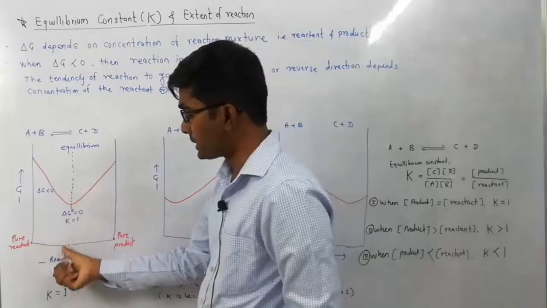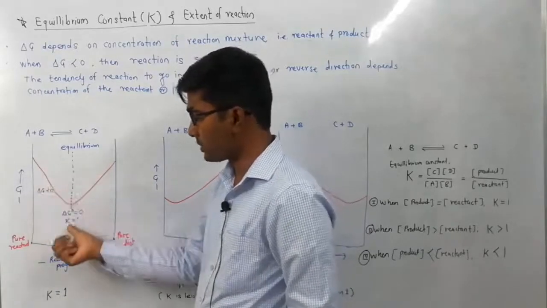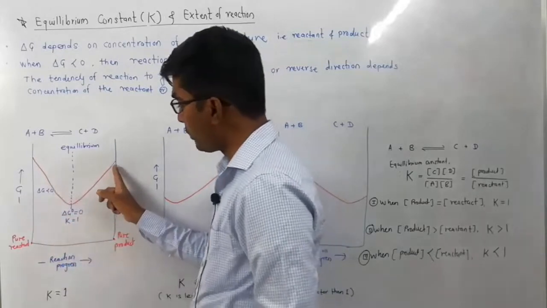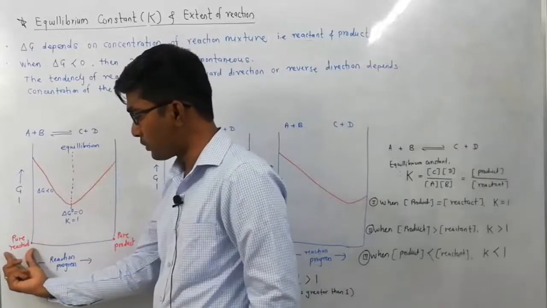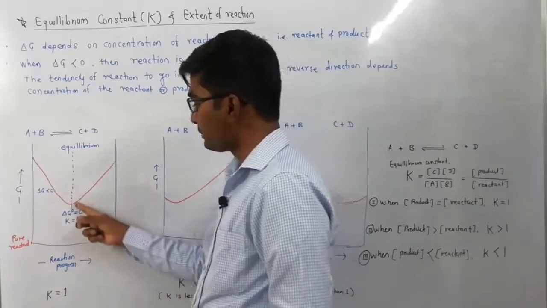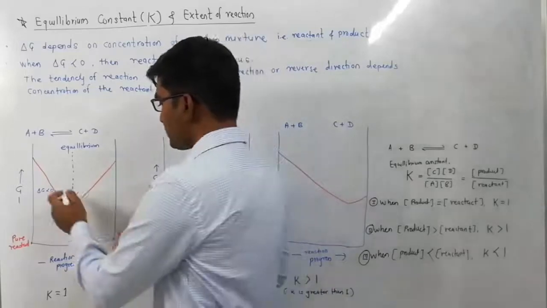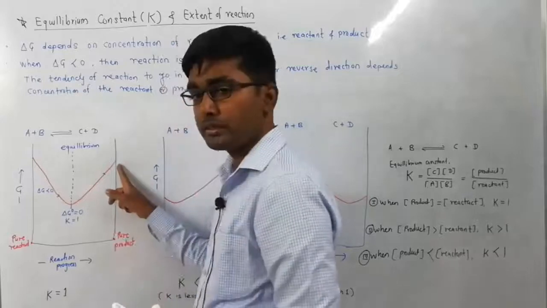If we increase time, there is no change in this equilibrium constant value, K is equal to 1. Now as you go on from this side, this side is the pure reactant side and this is the pure product side. So when you come to this point along this curve, then 100% product is formed.